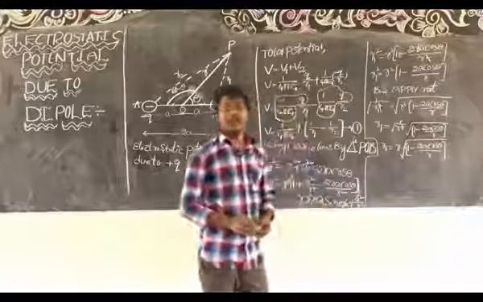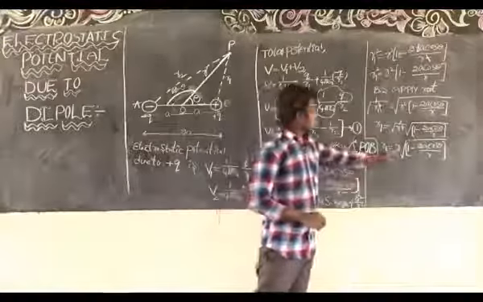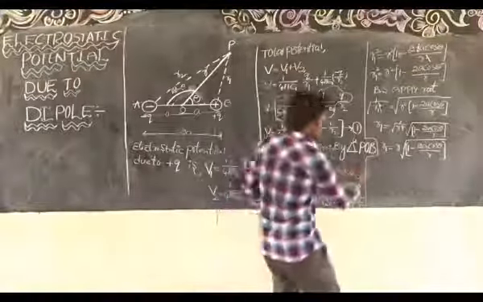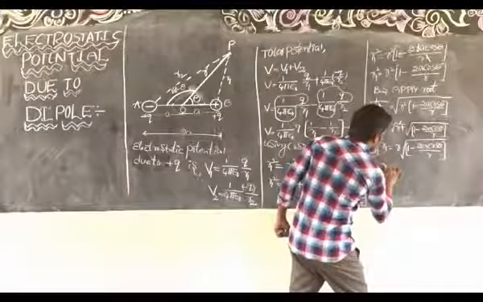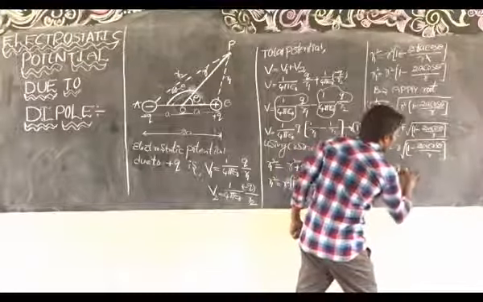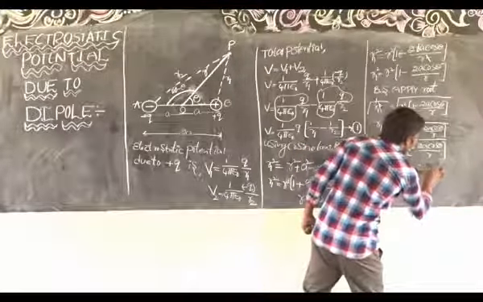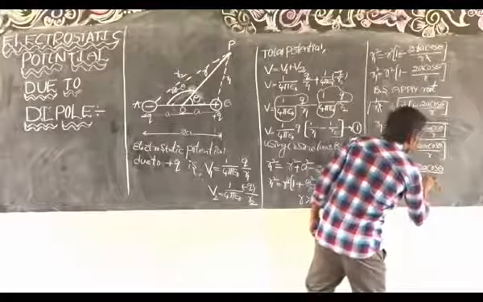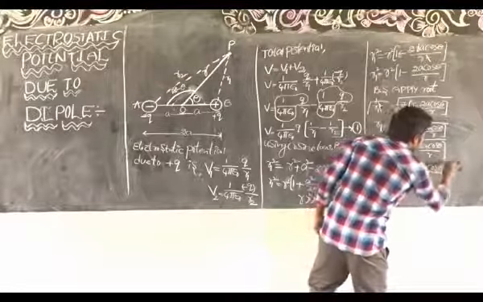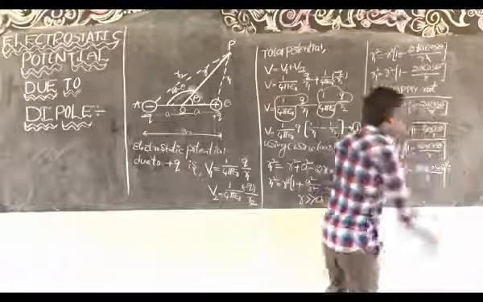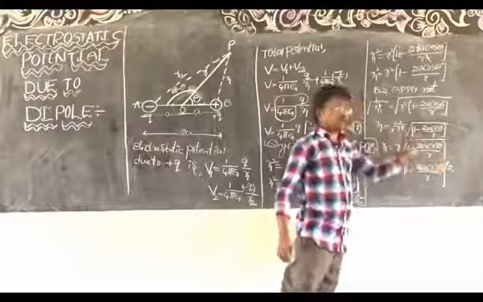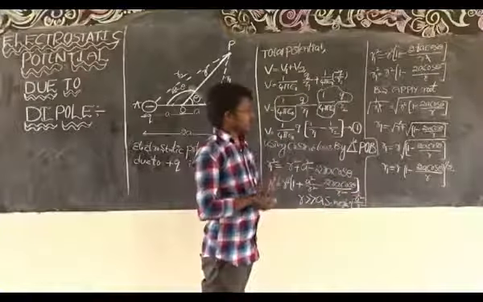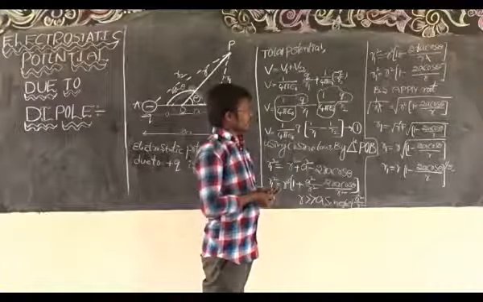I hope we already know root means we should write whole power 1 by 2. So here R1 is equal to R into 1 minus 2a cos theta by R whole power 1 by 2, instead of that root I am writing 1 by 2.